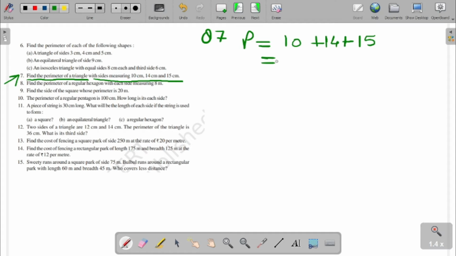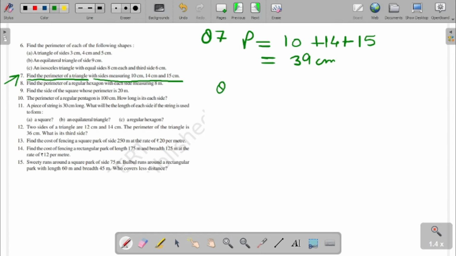If you add all these sides, 5, 4, 4, 9, that is 39 centimeter. This is the perimeter in case of question number 7.